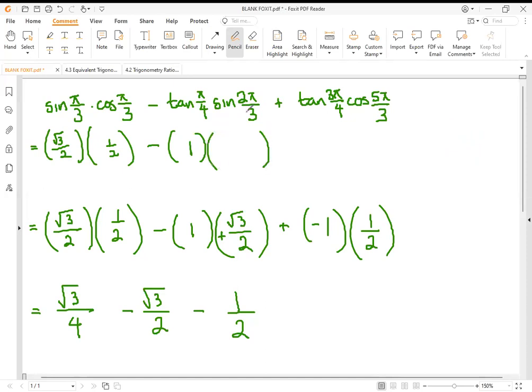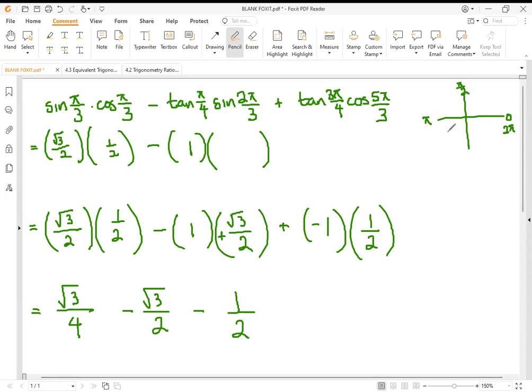Sine 2 pi over 3 is in quadrant 2. How did I get that? Please remember, if that's a 0, that's a pi, and going through again, 0 is the same as 2 pi when it comes to radians. What's between 0 and pi? Well, half of it.